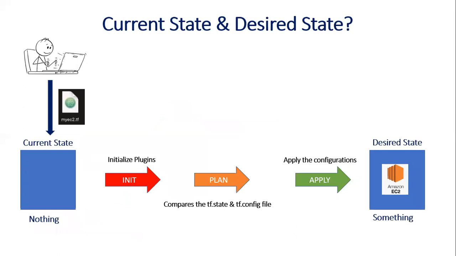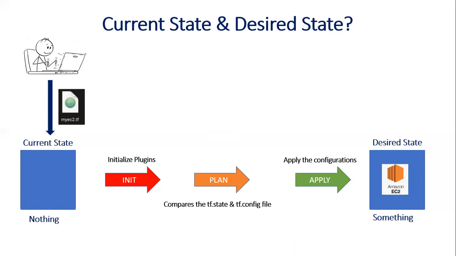This is the main thing you want to understand: the current state, the desired state, and the phases between them. There's one more phase which comes before init, called refresh.